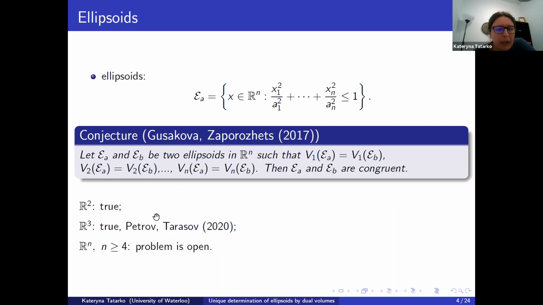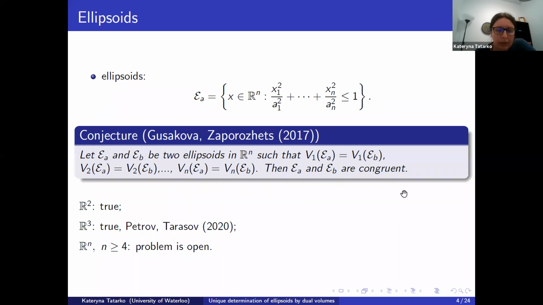In the three-dimensional case, it was recently proved by Petrov and Tarasov, but in high dimensions, the problem still remains open. So instead of considering this conjecture about classical intrinsic volumes, we would like to consider a similar question about dual volumes.